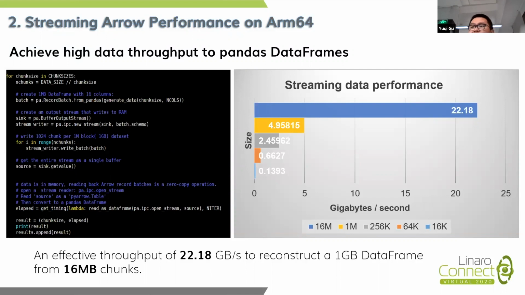So we can see that if the block is 16 megabytes, we can get a throughput of about 22 gigabytes per second to reconstruct a 1 gigabyte data frame. It's really efficient.